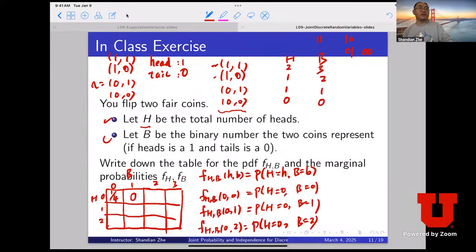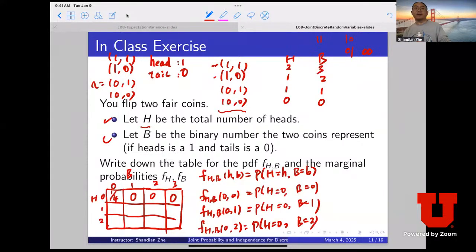But when H is zero, that means absolutely no ones in outcome. So not only do we have the density function for H0, B2 as 0, but also for H0, B3, because when B is non-zero, you must have at least one head. But it contradicts that H is 0, no heads are observed.